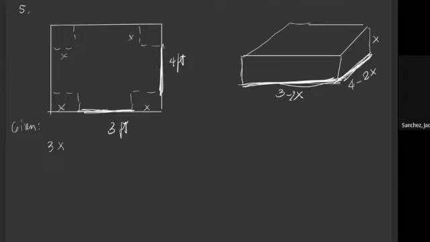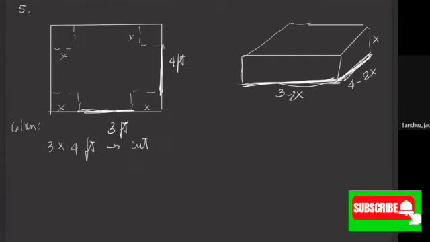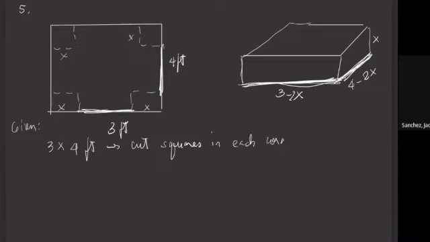3 by 4 feet. And you have to cut squares in each corner. So that's what is given to form a box. So maybe you can easily visualize. And what is required is this side here.